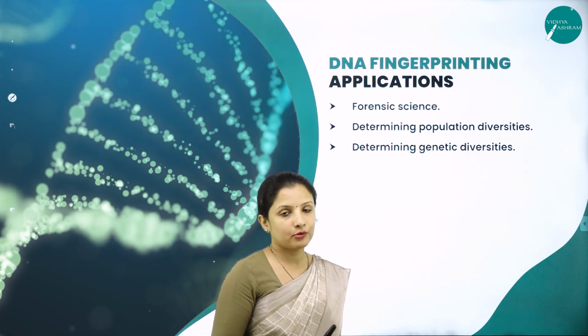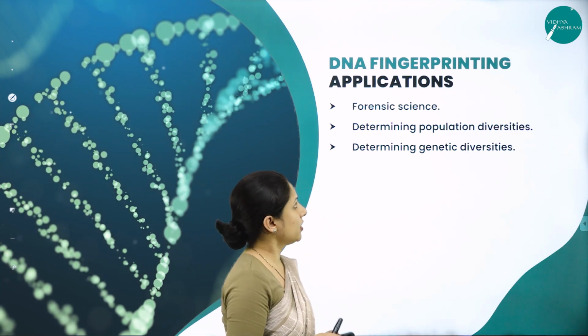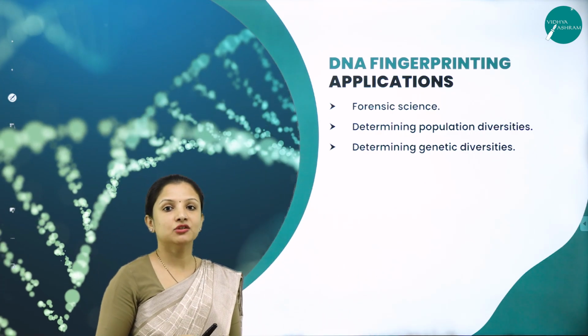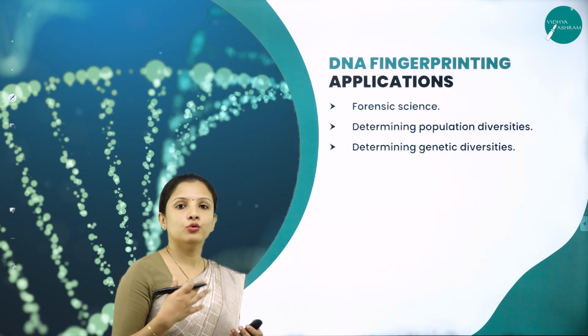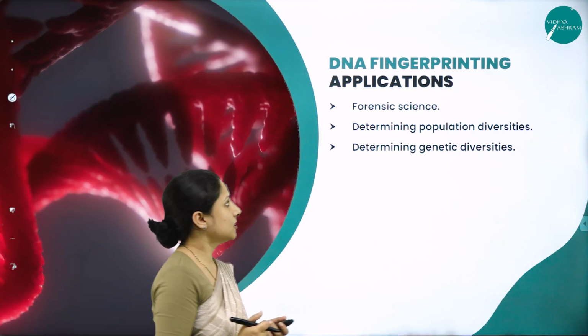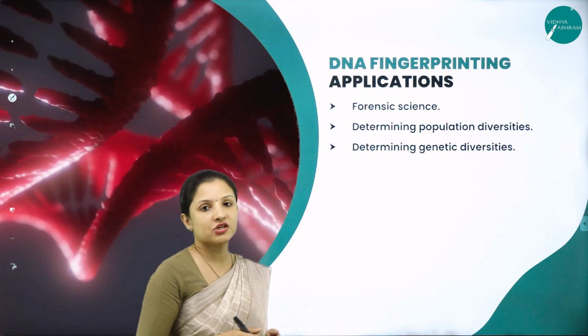Now let's learn about the applications of DNA fingerprinting. DNA fingerprinting is used in forensic science to find out who the exact criminal is, and it is used in determining population diversity.